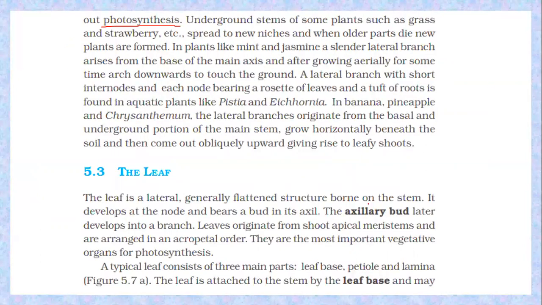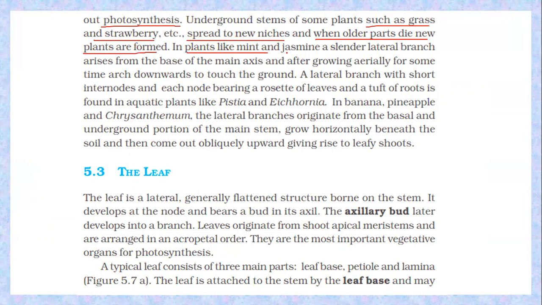Underground stem of some plants such as grass and strawberry spread to new niches, and when older parts die, new plants are formed.